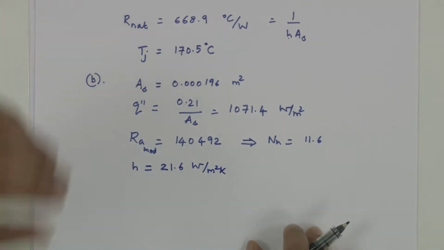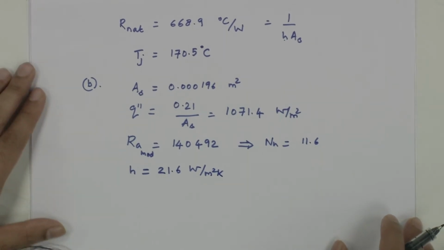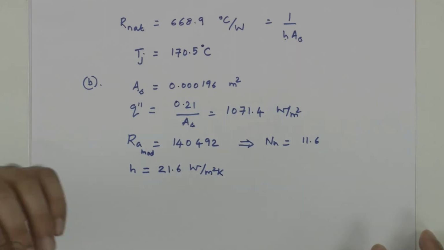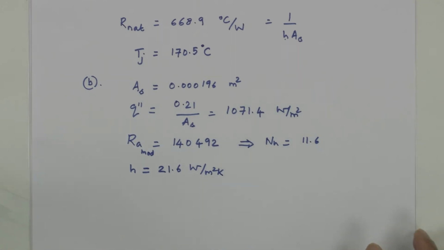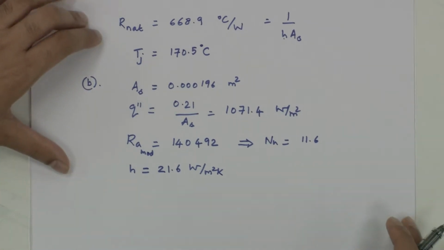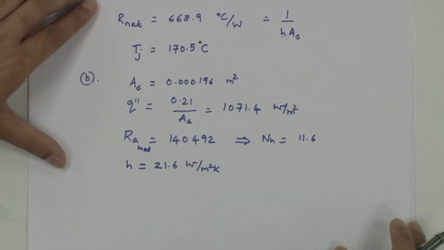One important thing to notice is that the heat transfer coefficient has dropped from the no mold case, which was 30.5, to 21.6. The heat transfer coefficient has dropped, but we have much more increase in the surface area.